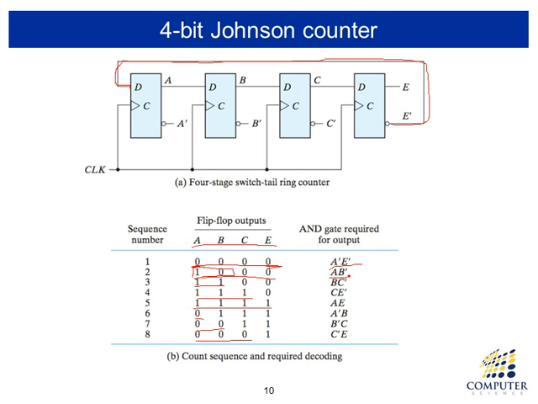So those two are sufficient to detect the second pattern. The third pattern is the second and third one: second one in true form, third one complemented. This 1, 0 never appears in any other, and so on. So this is what you need to decode to detect the pattern. With this configuration and decoding only those 2 of 4 outputs, you can distinguish 8 different states. So this is called the Johnson counter.